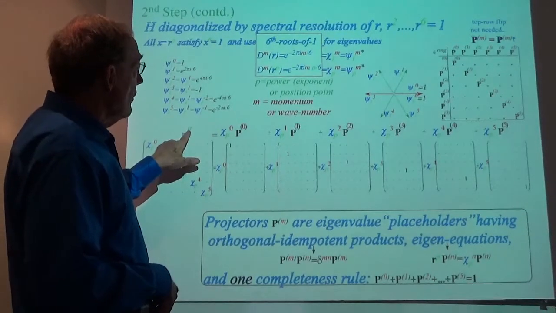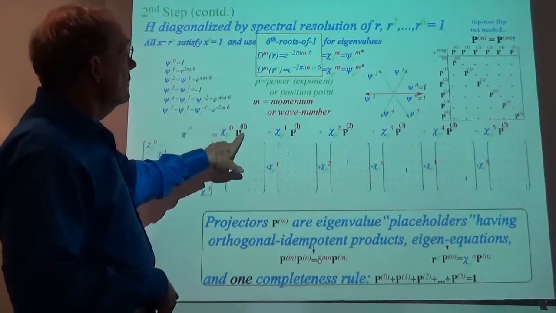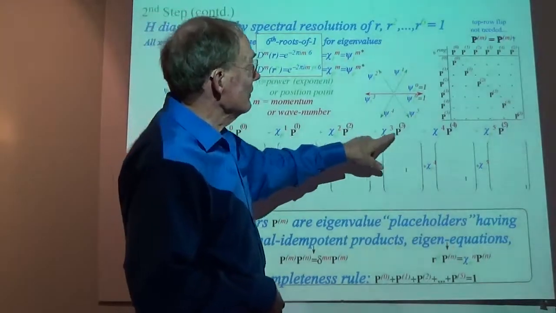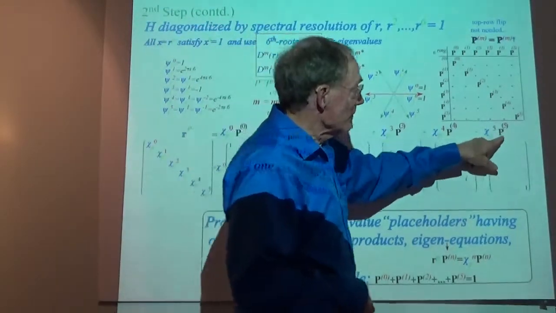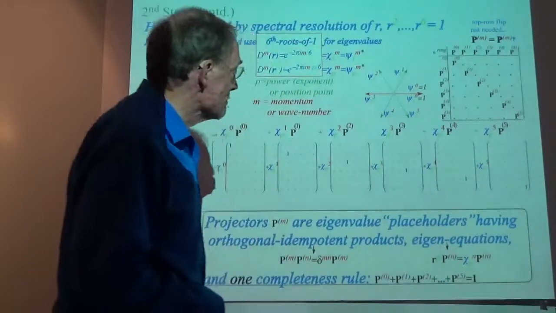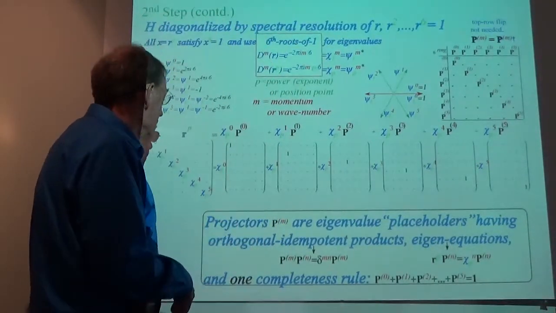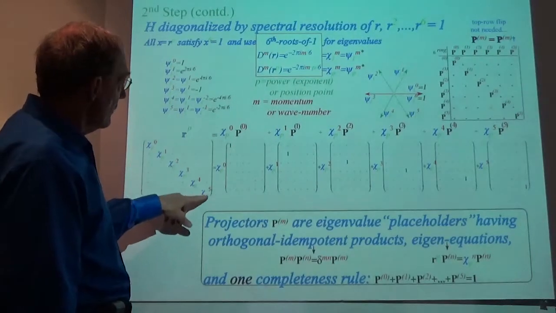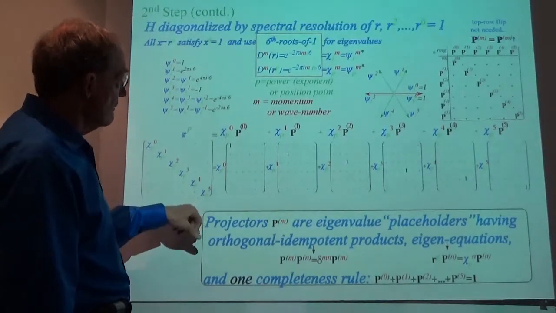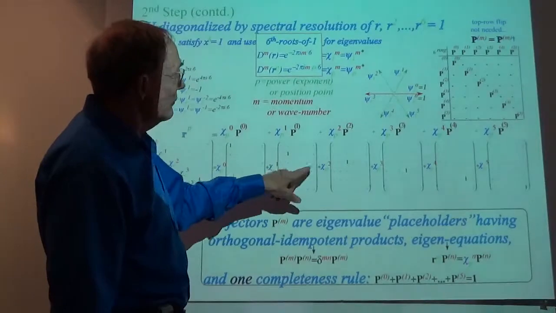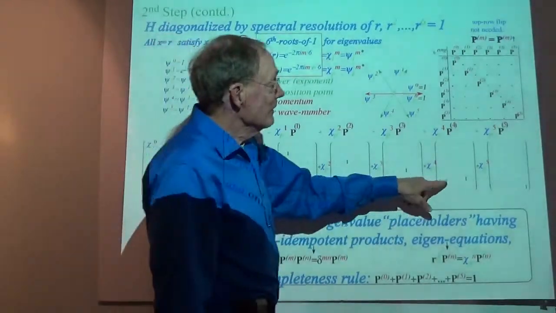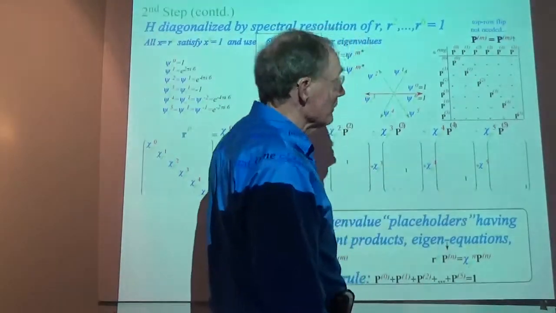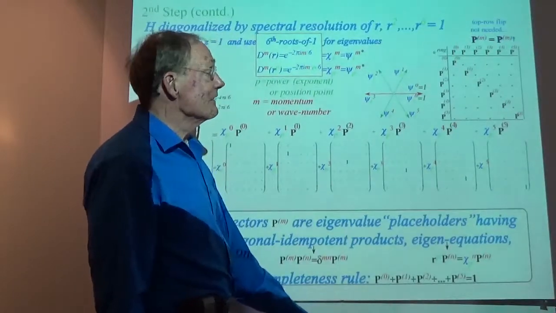I have to express all of them as an expansion, a spectral expansion in idempotents. So I'm just doing this in a very direct way. I'm going to line up a matrix here with all these eigenvalues. And then each one of these things is what a projector will look like if you're in its eigenbasis.